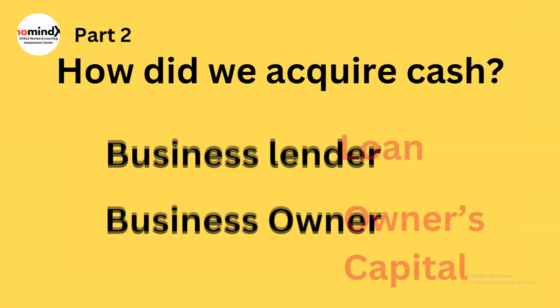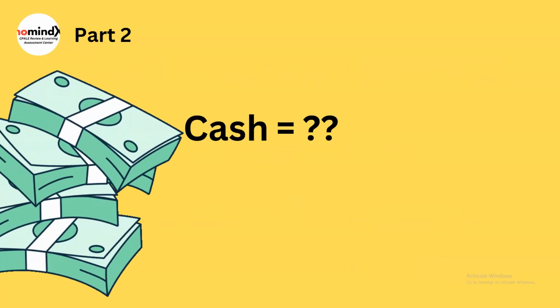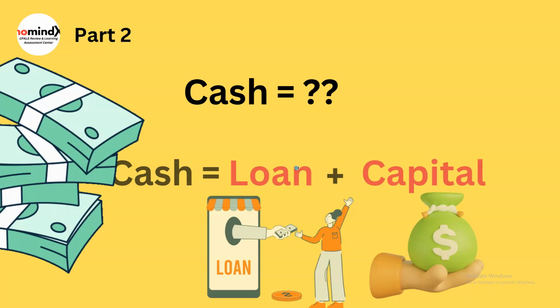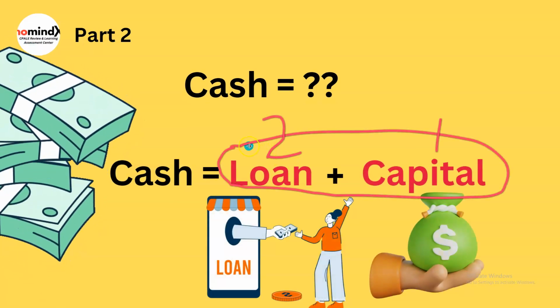If it comes from the business lender, it means we loaned the cash. If it comes from the business owner, it means the owner invested or put some cash in the business. Hence, our cash can be obtained from the loan and also from the capital.